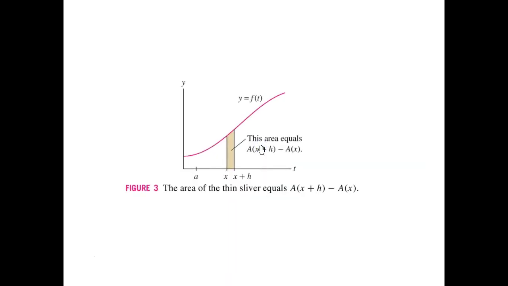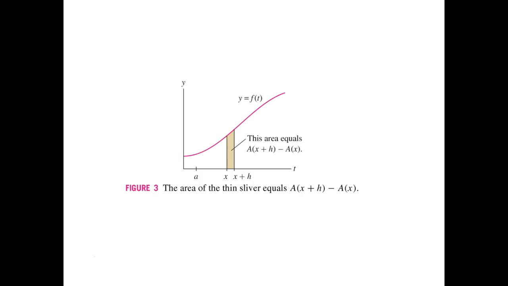I don't know that this is anything worthwhile to look at. It's part of the proof here. And if you're doing the area under a curve, part of that is doing your area here times dx. The area was the area from a to x plus h, minus the area of a to x, and that gives you this part here.